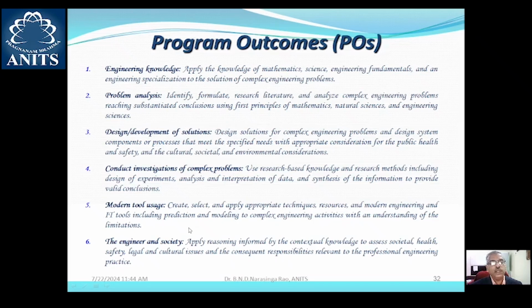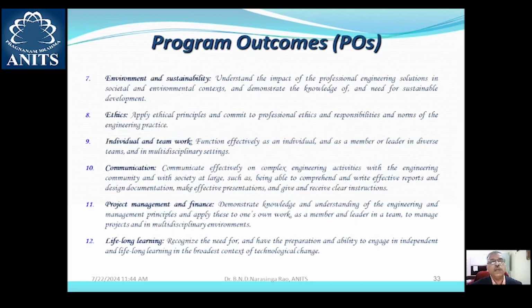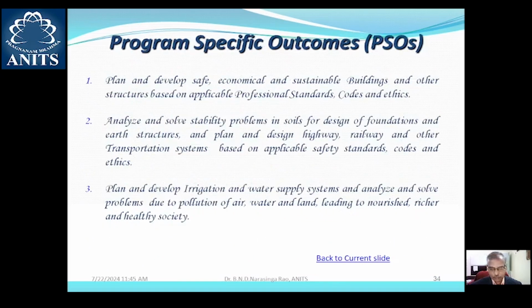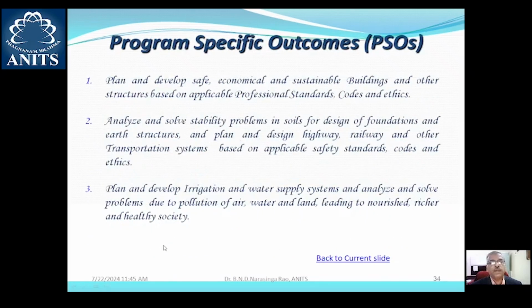The remaining 7 program outcomes are more or less referred to as the professional outcomes. They are common across the domains, and they are engineer and society, environment and sustainability, ethics, individual and teamwork, communication, project management and finance, and lifelong learning.